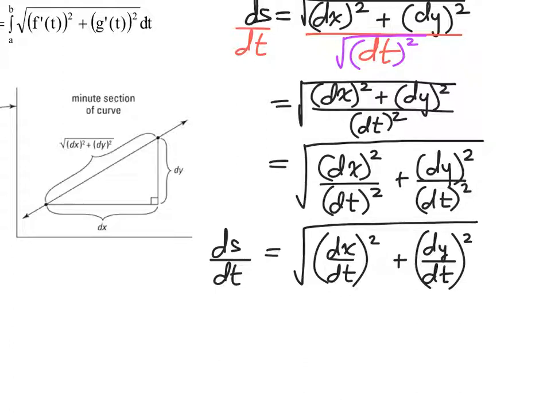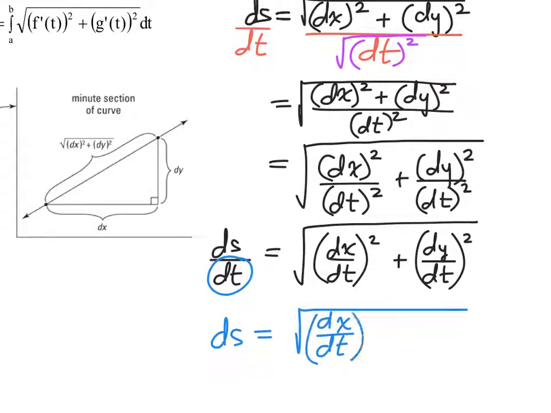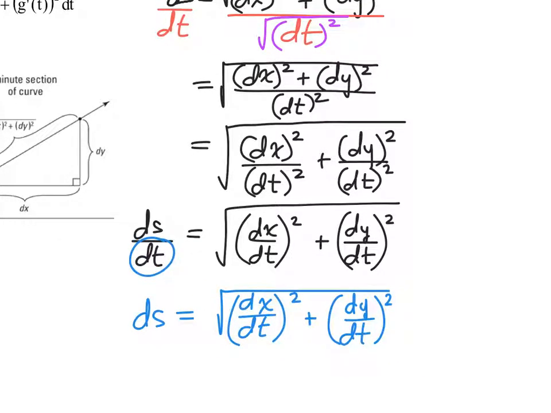All right, so looking pretty good. I can get ds alone now. I just multiply both sides by dt. So ds would be equal to all that stuff again, multiplied by dt. My goal being that, again, I want to get an s. There's an understood 1 in front of the ds.